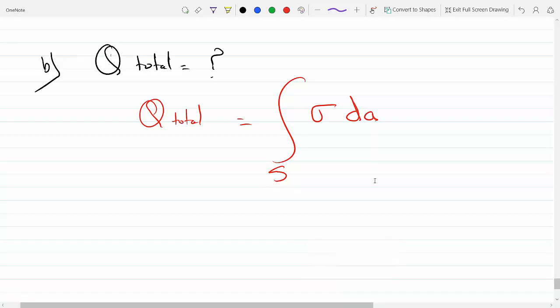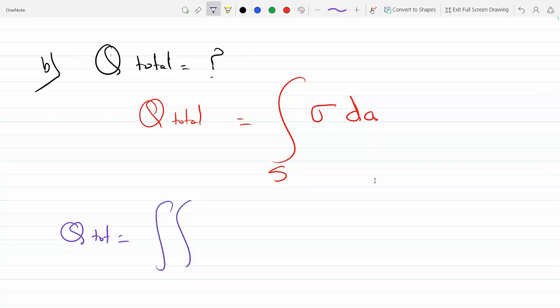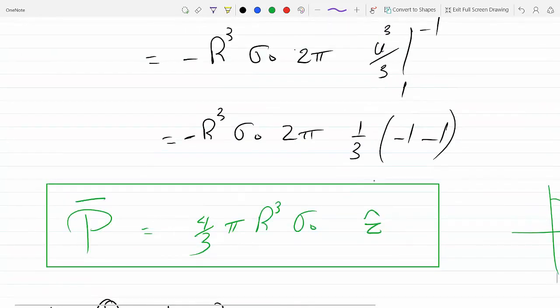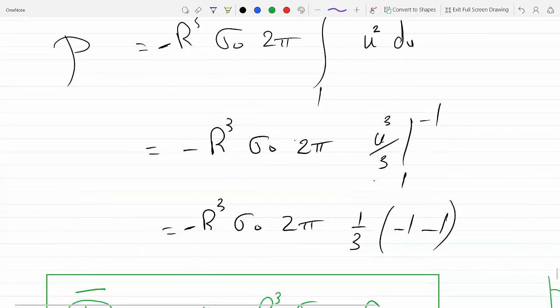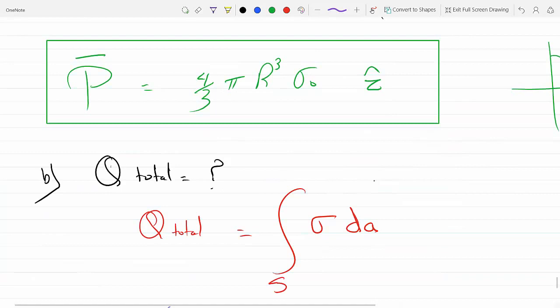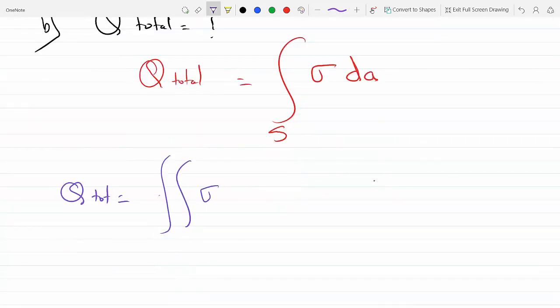I'll do it here too. Let me roll through it. So Q total equals, okay, this is a double integral, and sigma is sigma 0 times cosine theta, and dA, just like the previous question, was r squared.